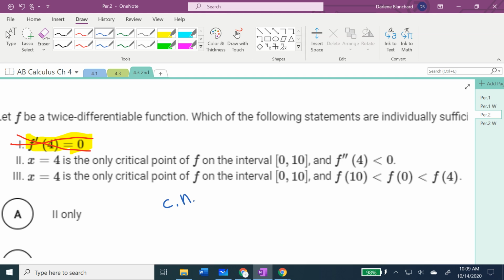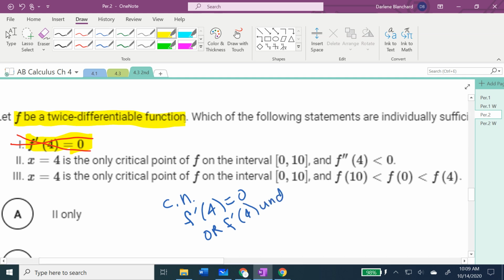A critical number means either the derivative at 4 is equal to 0, or the derivative at 4 is undefined. We were told that this was a twice differentiable function, so which of the following two can't be true? It's defined.